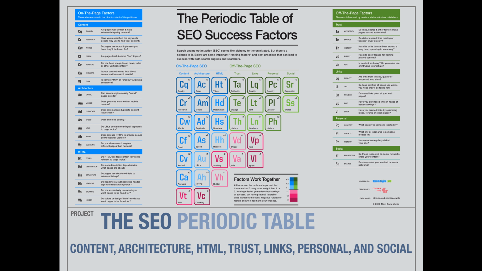As I had mentioned in the previous slide, the top 3 ranking factors according to Google are links, content, and then the RankBrain algorithm. So just to touch on RankBrain a little bit. Ultimately, Google has an algorithm that it uses to rank websites. When you perform a Google search, you're not actually searching the web.